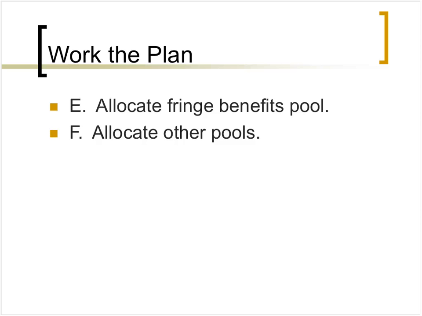If you have LIHEAP and weatherization in one location that share staff, but the CSBG and Head Start do not use or utilize the time of those, you should only allocate that cost, the related cost, to that particular person.